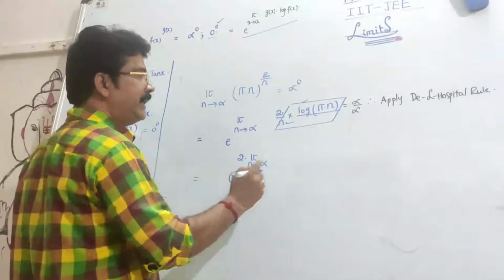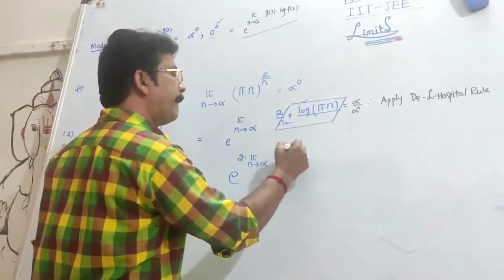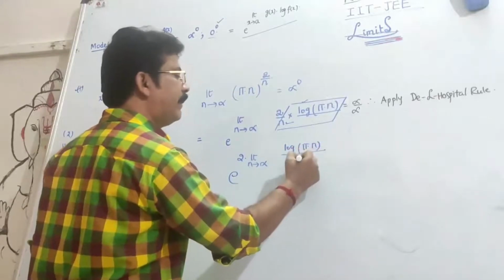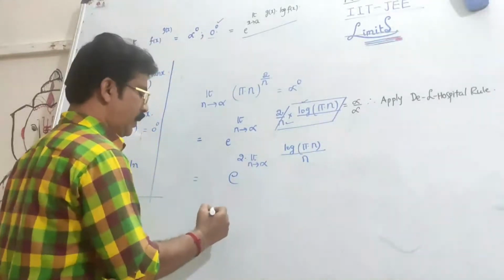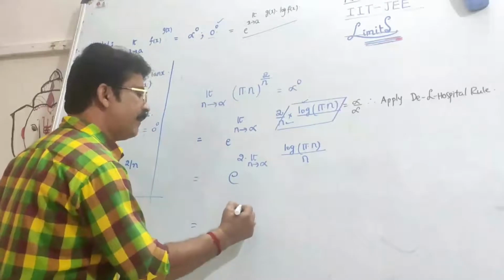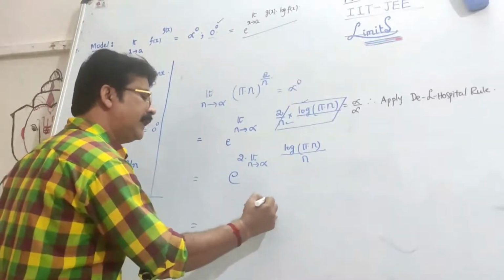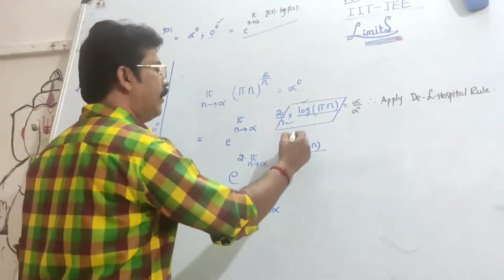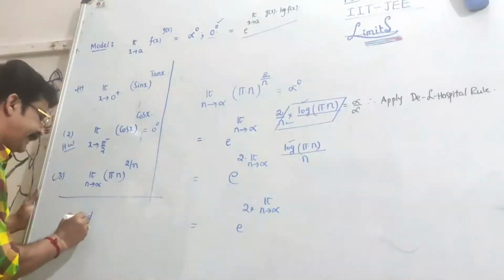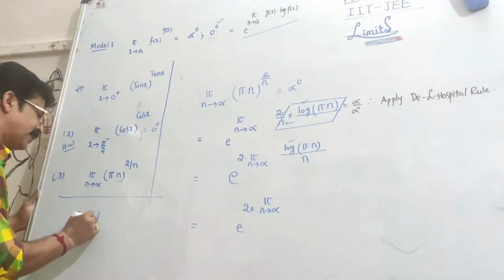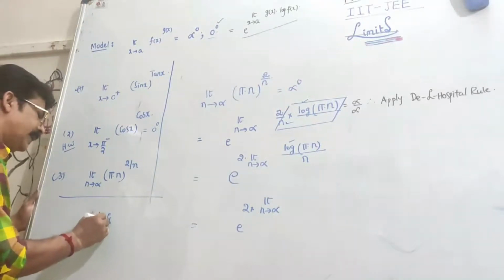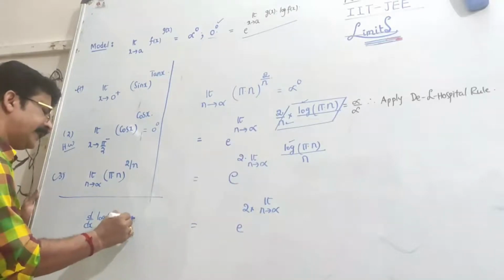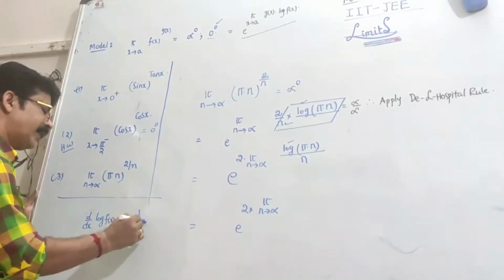Once again I will write clearly, logarithm of pi into n divided by n. So that is equal to e power 2 into limit n tends to infinity of log; already I said d by dx of logarithm of f of x is equal to 1 by f of x into f dash of x.